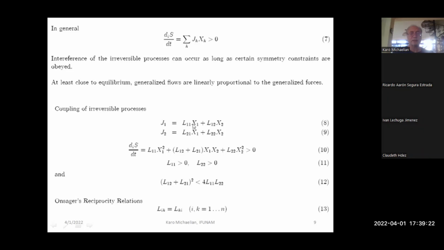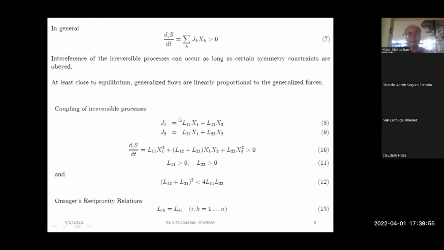So for instance, this could be the flow of matter, which is proportional to the gradient of the temperature and the gradient of the concentration, for example. Okay, so we can have a coupling of material flow due to the gradient of the temperature, and we can have a flow of material due to the gradient of concentration. So therefore, we have coupling of these two irreversible processes occurring.